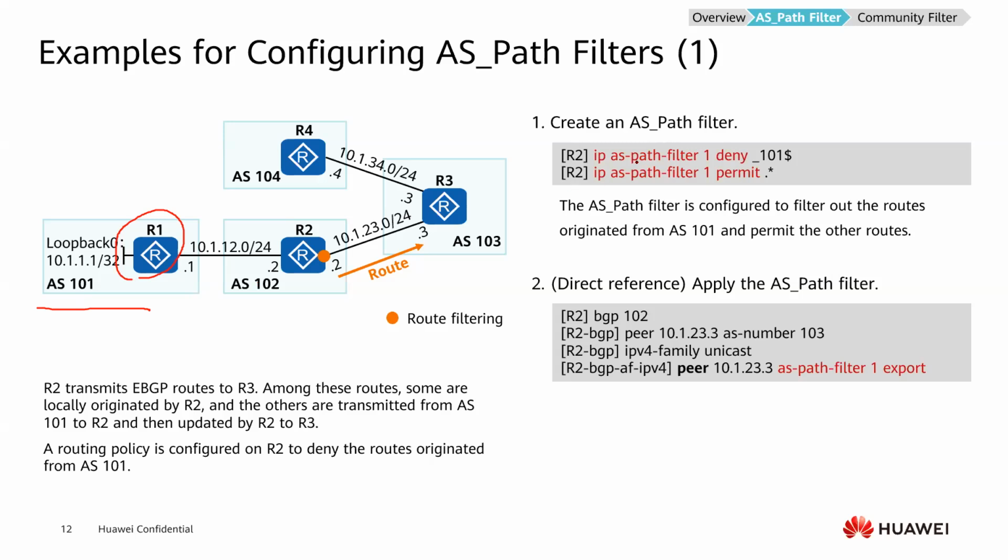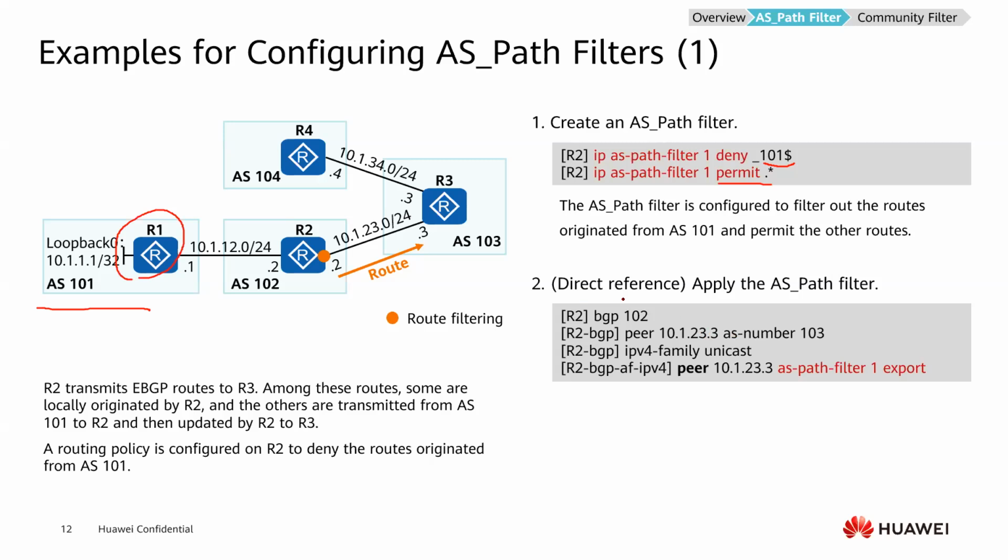So you can create the first AS-path filter to deny AS paths ending with 101. That means the originating AS is 101, so the route is created from R1. And for the other AS-path filter, you need to permit, which means you permit any other AS path. So first you need to create the AS-path filter, and then you need to apply it.